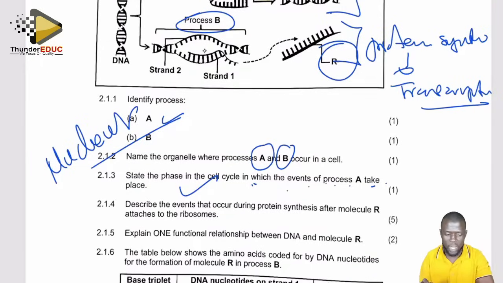So basically you can explain that a specific amino acid is brought to the ribosome when the anticodon of the transfer RNA matches the codon of the messenger RNA. You understand? The amino acids are joined together by the peptide bond. The bond is peptide. Don't make a mistake and say polypeptide bond.